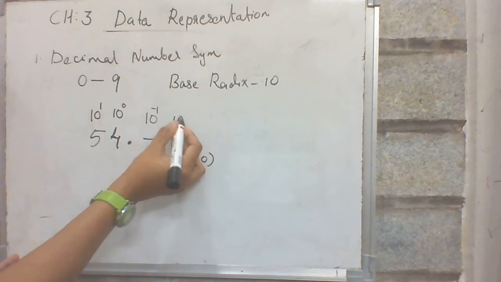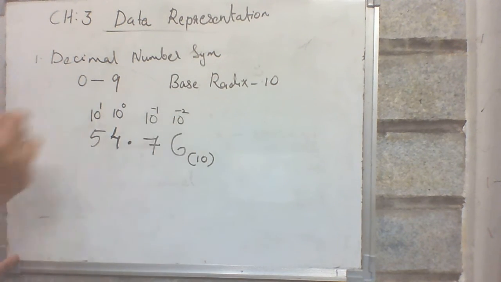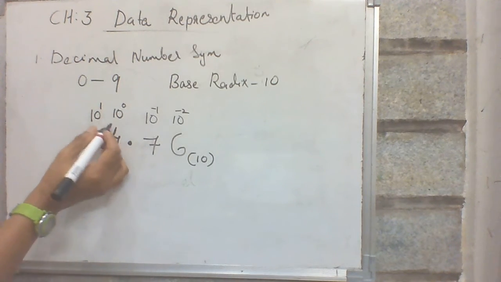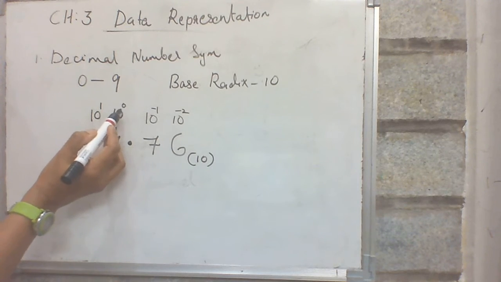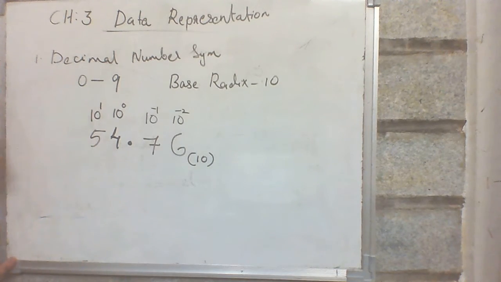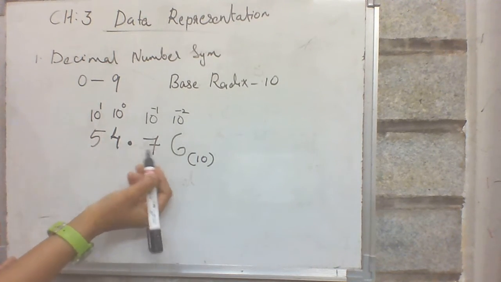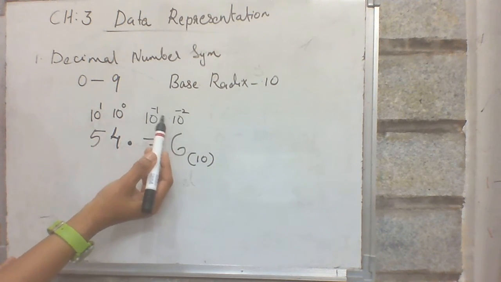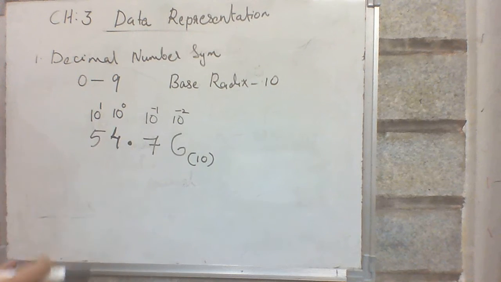The next value is 10 to the power minus 2. Before the decimal point, it is 10 to the power 0, 1, 2, 3, like that. On the right side of the decimal point, it is 10 to the power minus 1, 10 to the power minus 2.